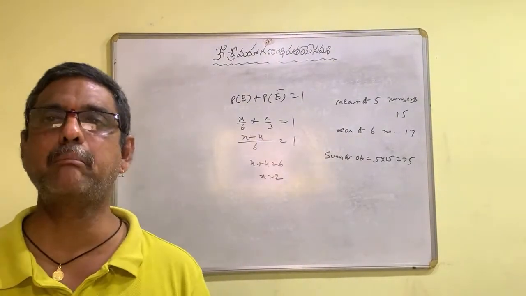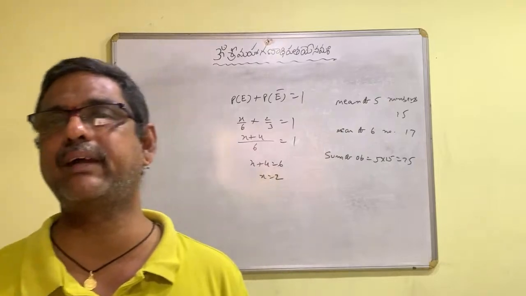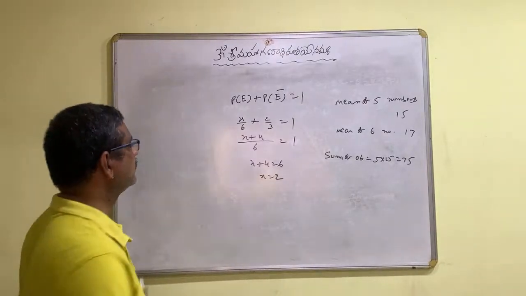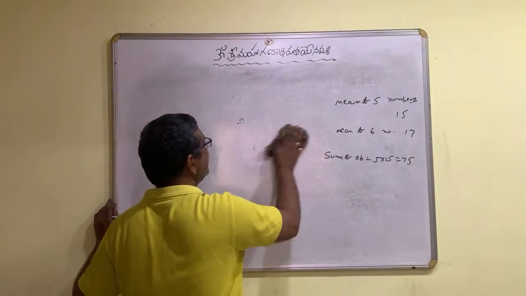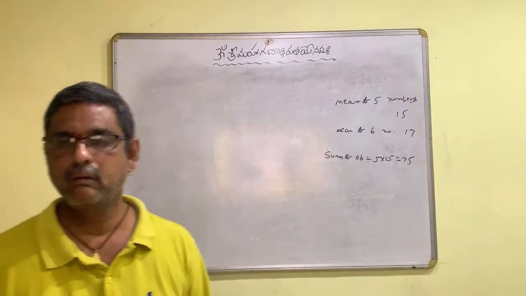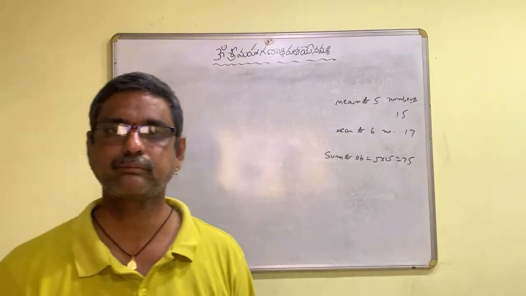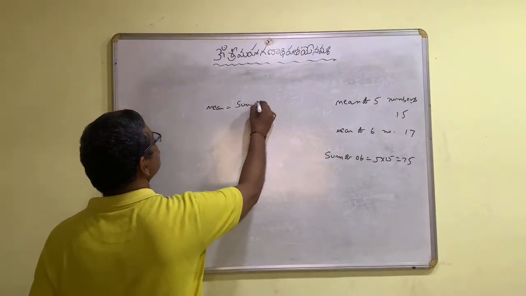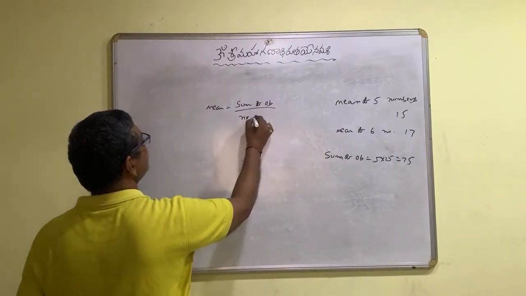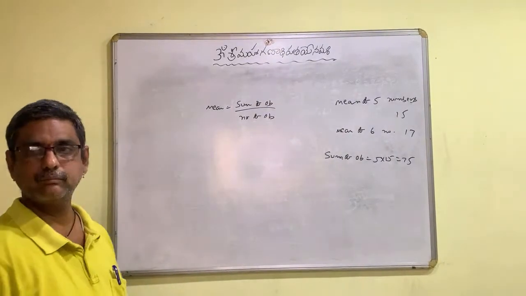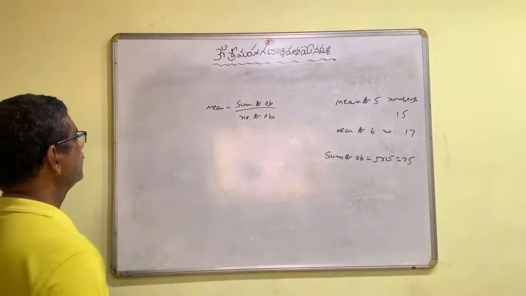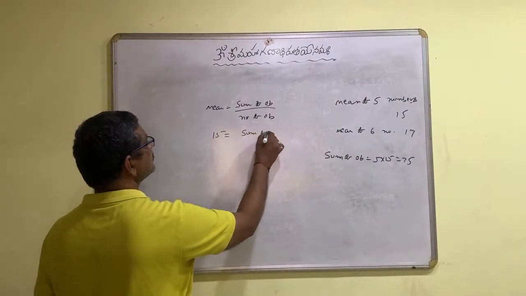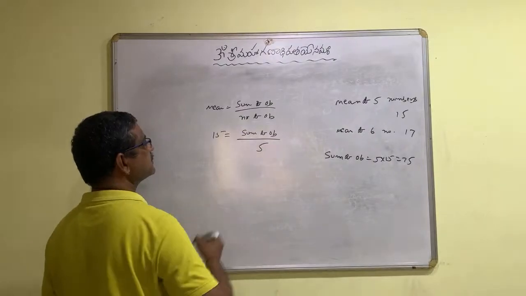Mean of 5 numbers 15 means the sum of observations is 75, right? Why? What is the formula to find the mean? Mean is equal to sum of observations by number of observations. Mean given is 15, so 15 is equal to sum of observations by 5.